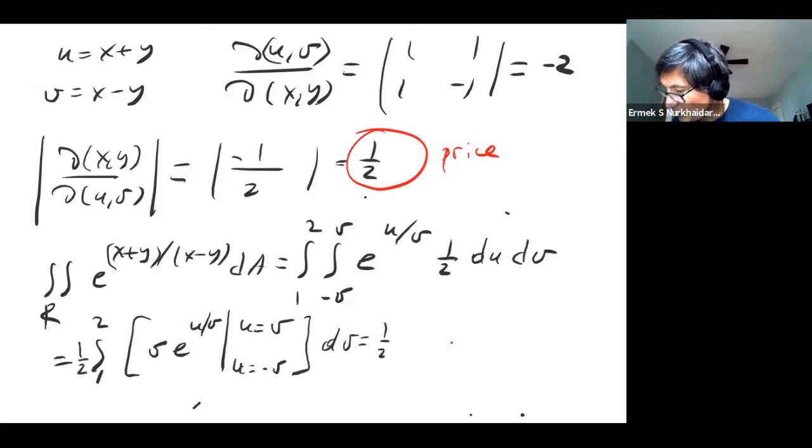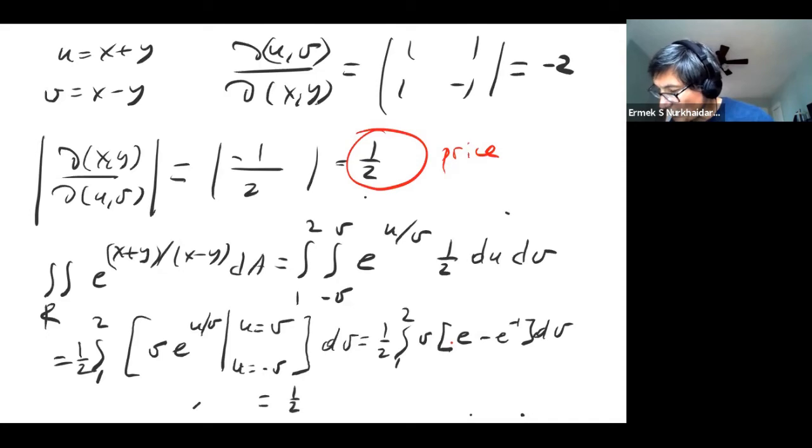So we'll get 1/2 integral from 1 to 2. Substituting the lower bound, substituting the upper bound. So we're going to get v times, substituting v, we're going to get e, substituting negative v, we're going to get e to the negative 1. So it's again straightforward. 1/2 (e minus e to the negative 1).